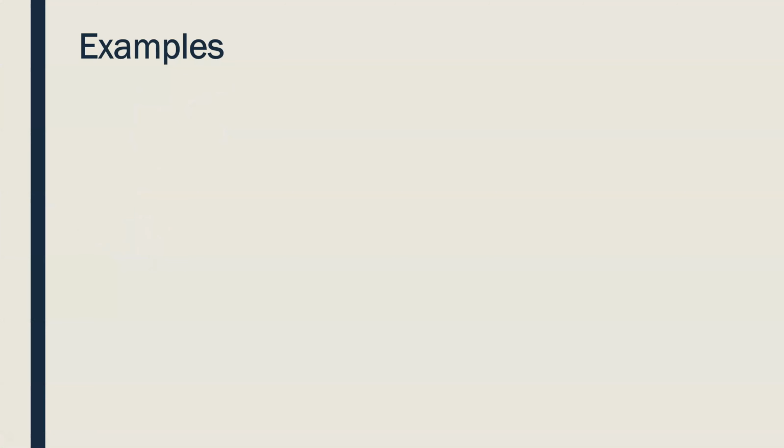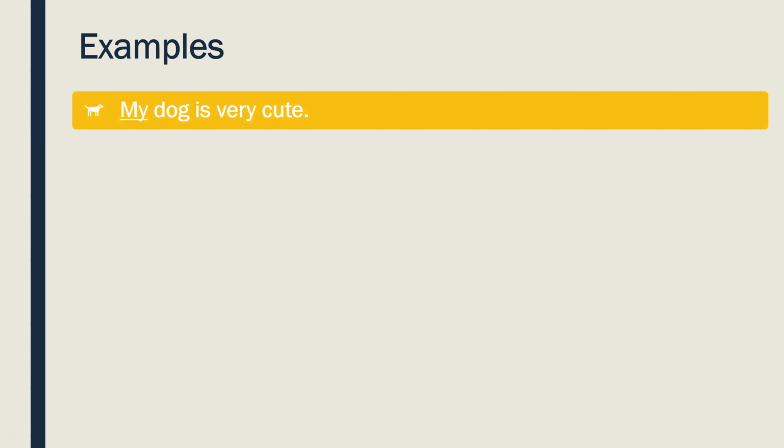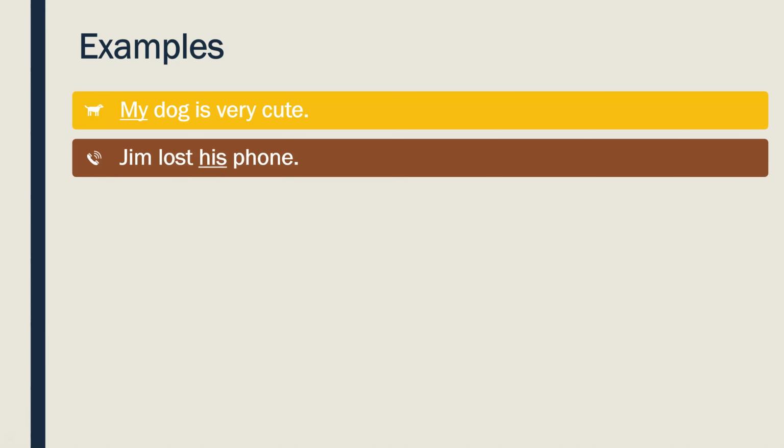Alright, so here's some examples to help you out. If you want to write these down somewhere or save them on your computer so you can practice, that would be a good idea. First one. My dog is very cute. Jim lost his phone.